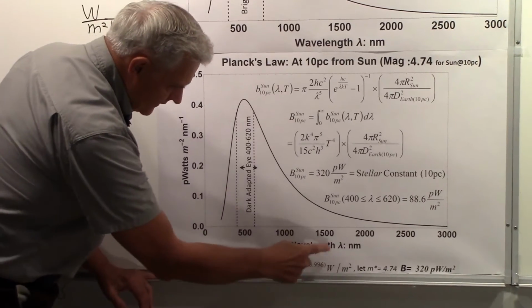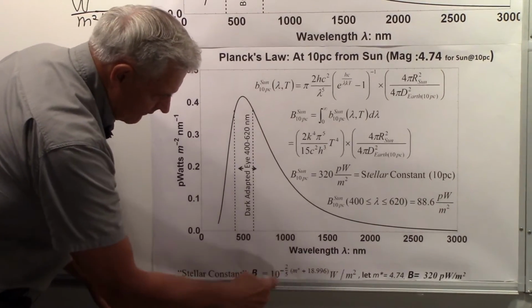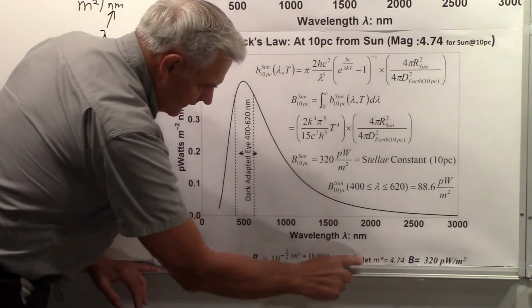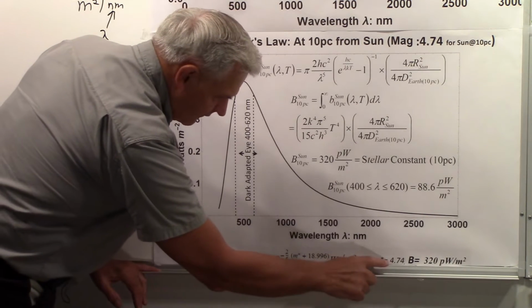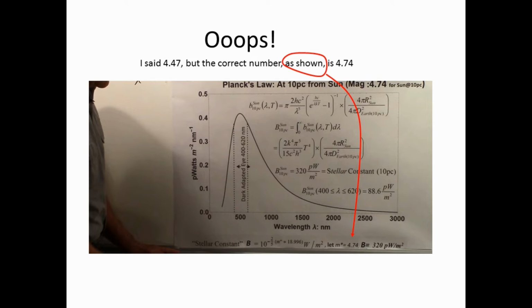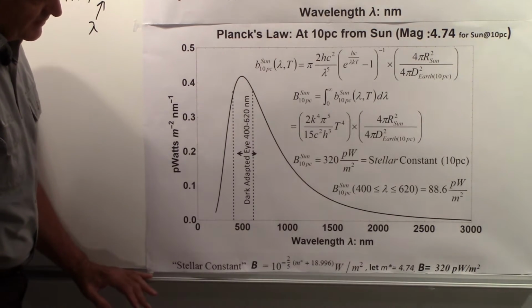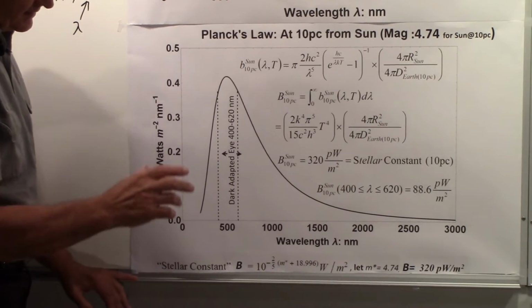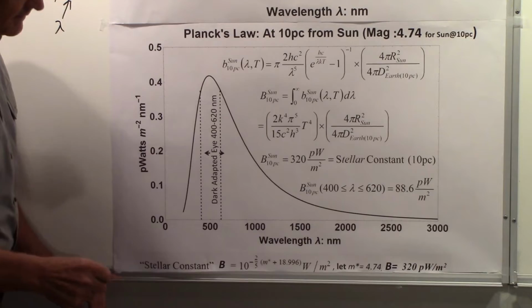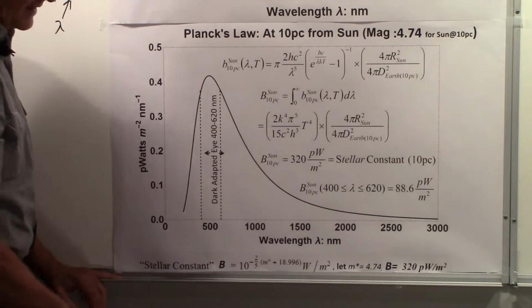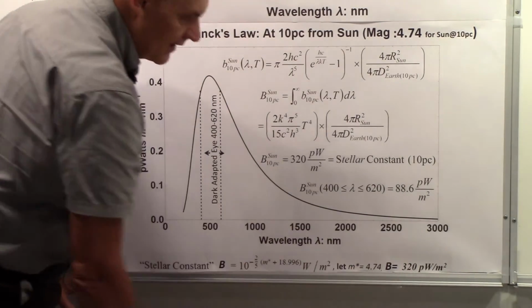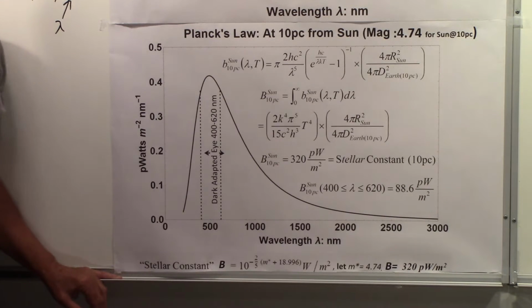And if we do this calculation right here with m star being 4.47, we find out that B is equal to 320 picowatts per meter squared. So the stellar constant for the sun at a distance of 10 parsecs would be 320 picowatts per meter squared.